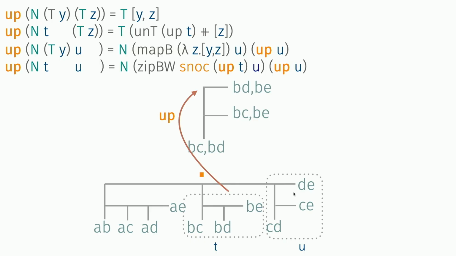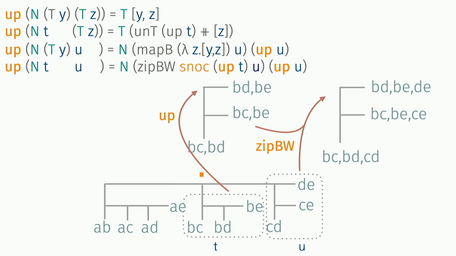So then after zipping this tree with this tree, we get the tree there having BC, BD, CD, BC, BE, CE, BD, BE, DE, and so on.